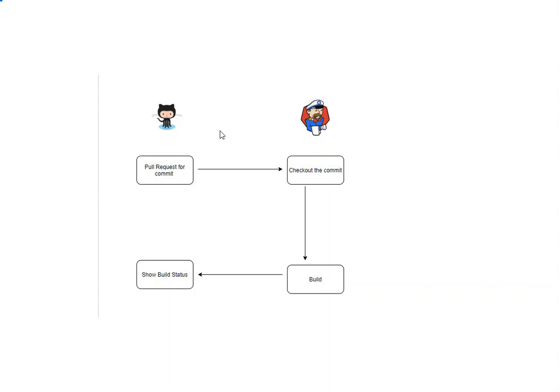That means if we set up a webhook between the two, whenever there is a change in GitHub, it will send a trigger to Jenkins, and the Jenkins application will build the changes and send the build status for that commit.